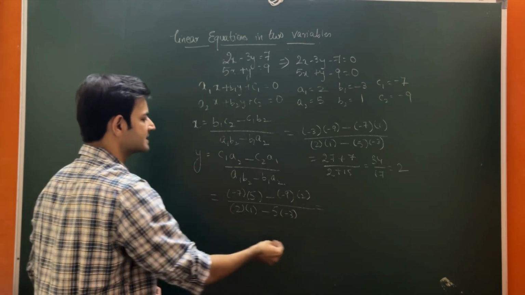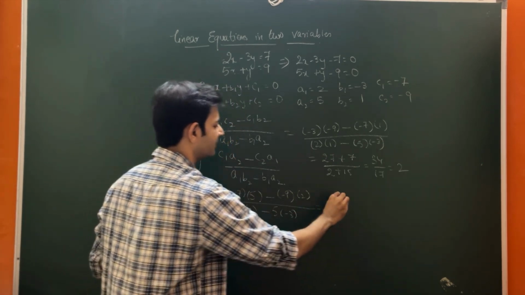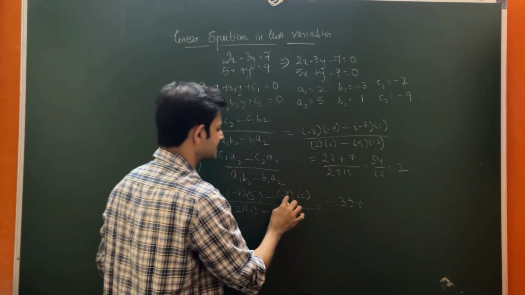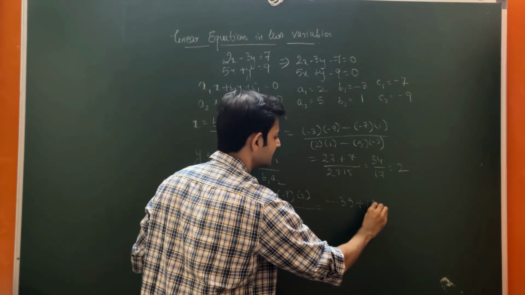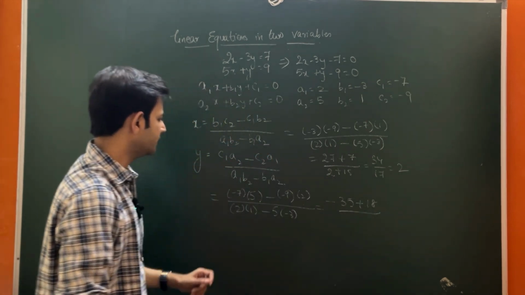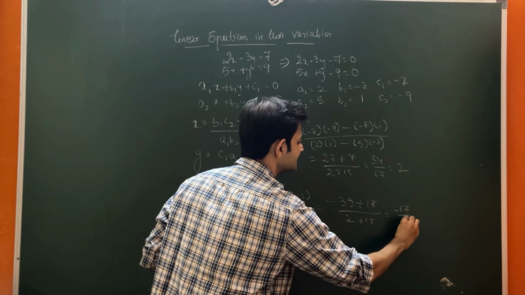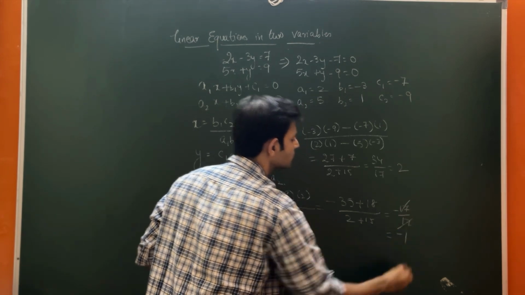So we'll solve it. This becomes minus 35. Minus into minus becomes plus. 9 twos are 18, upon 2 plus 15. So this is minus 17 by 17. So this is equal to minus 1.